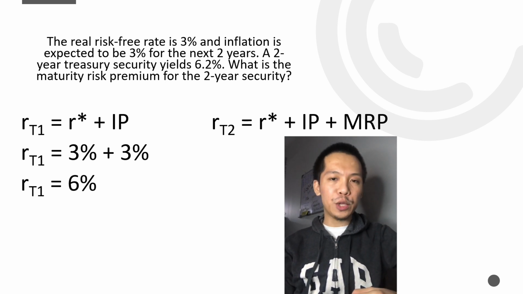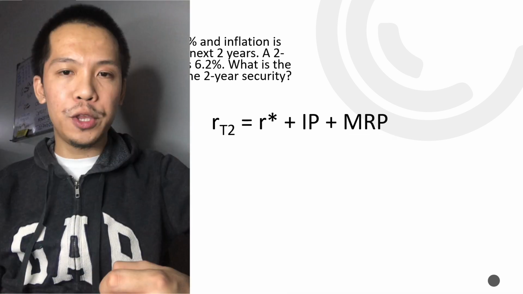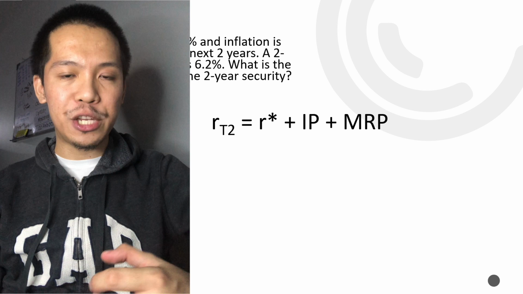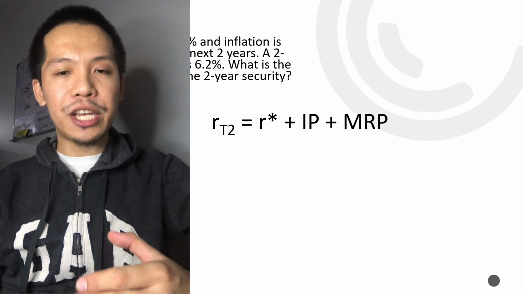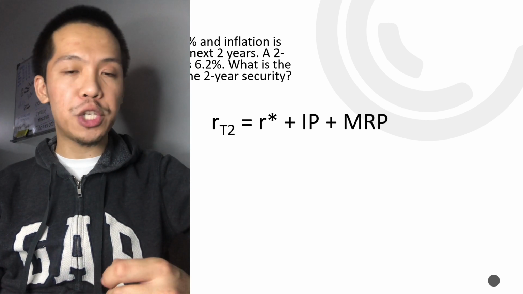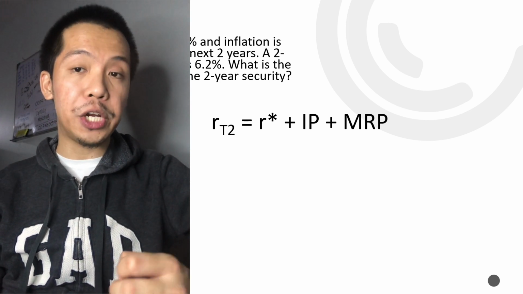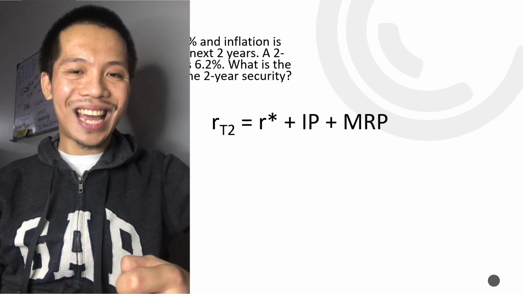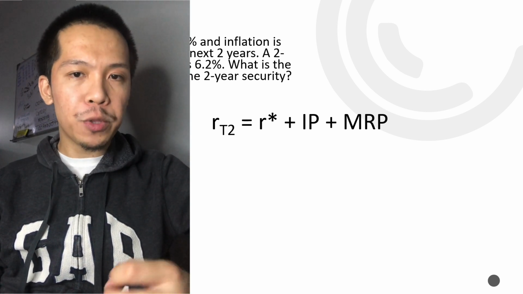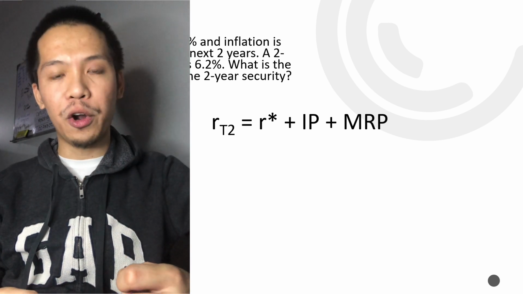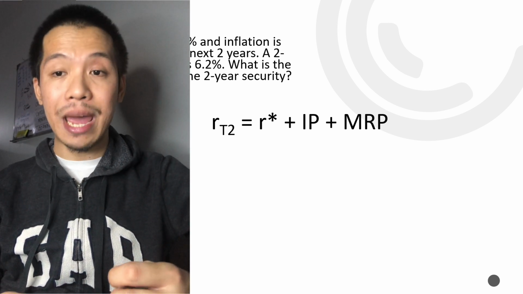So we are going to expand R sub T2 as the sum of R star plus IP plus MRP. Note that MRP is part of the picture this time. This is because 2-year Treasury securities have more maturity risk premium than 1-year Treasury securities. Again, we will discuss this in a separate video. But for now, you have to understand that the longer the maturity, the higher the MRP.